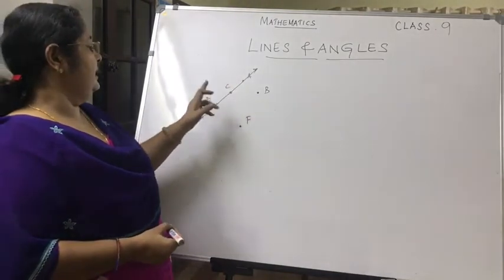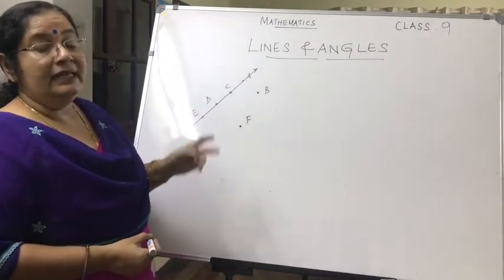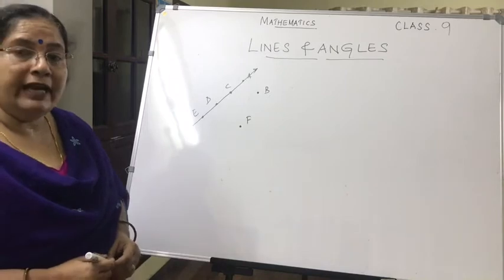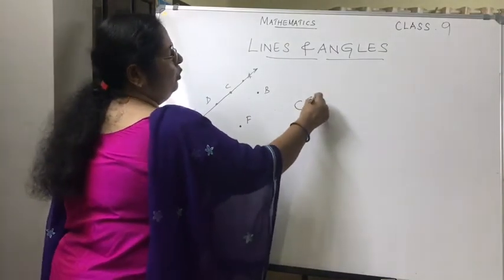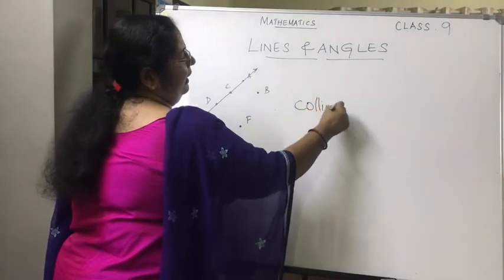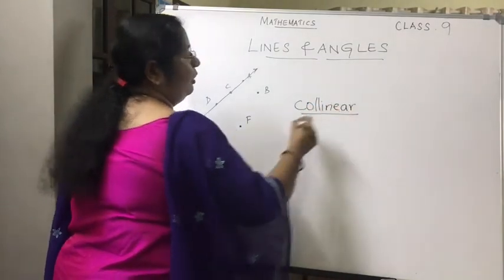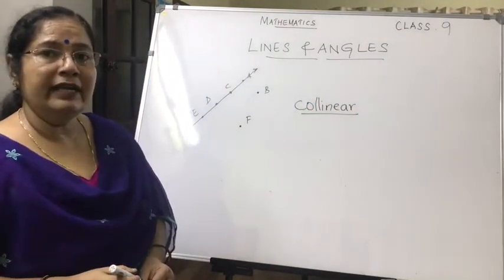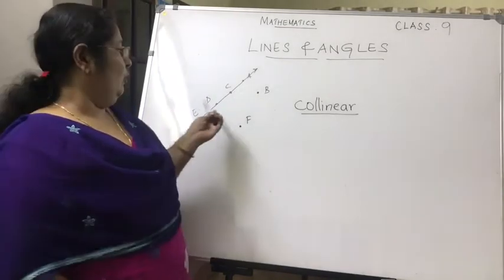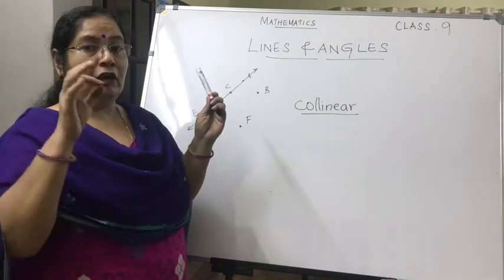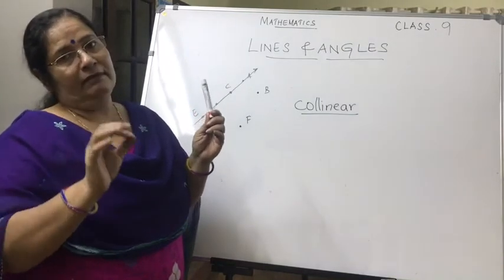A, C, D and E. These points are called collinear points. C-O-L-L-I-N-E-A-R. Collinear. Collinear means in line. Co, going together. So all these points are falling on a straight line.